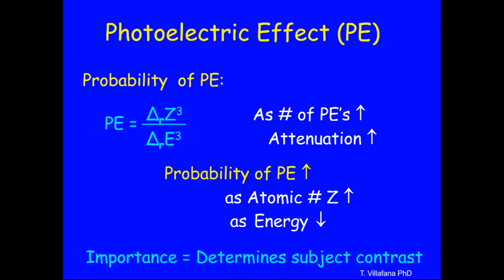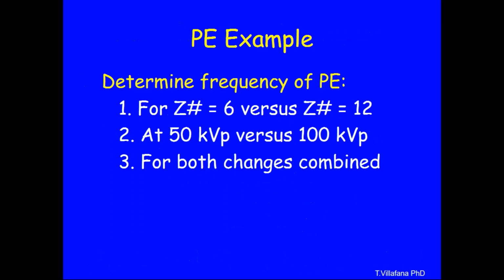But if you go to low energies, those low energies exaggerate the subtle differences in atomic number. So now where tissues could hardly be resolved, now at low energies, like in mammography, they are visible. They can be resolved.